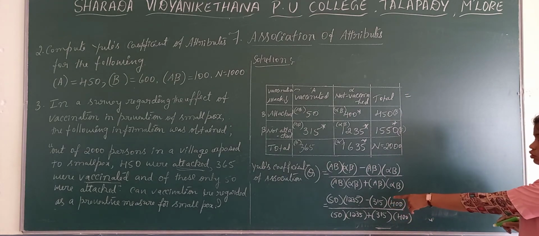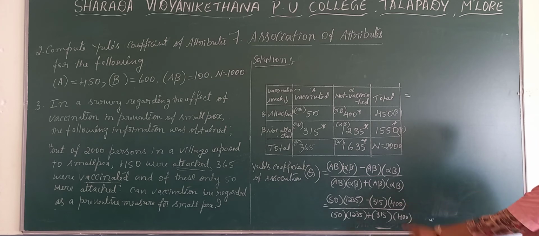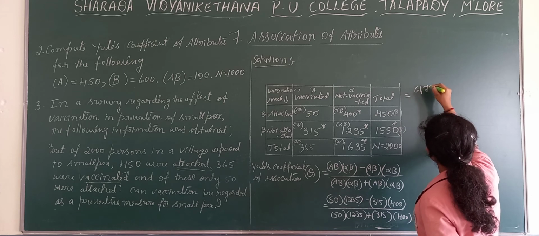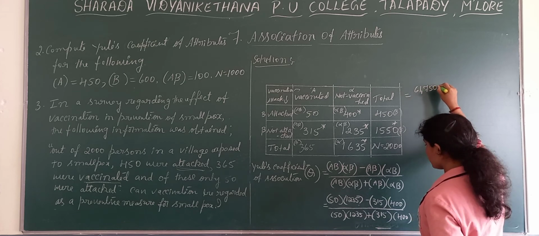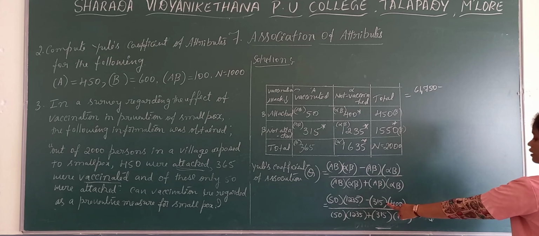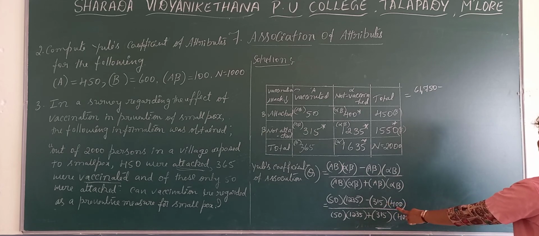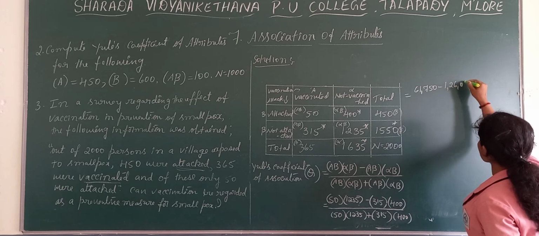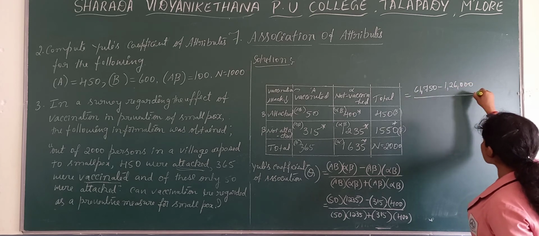Now next, see here, 50 into 1235, you get 61,750, minus 315 into 400. 315 into 400, we get 1,26,000.